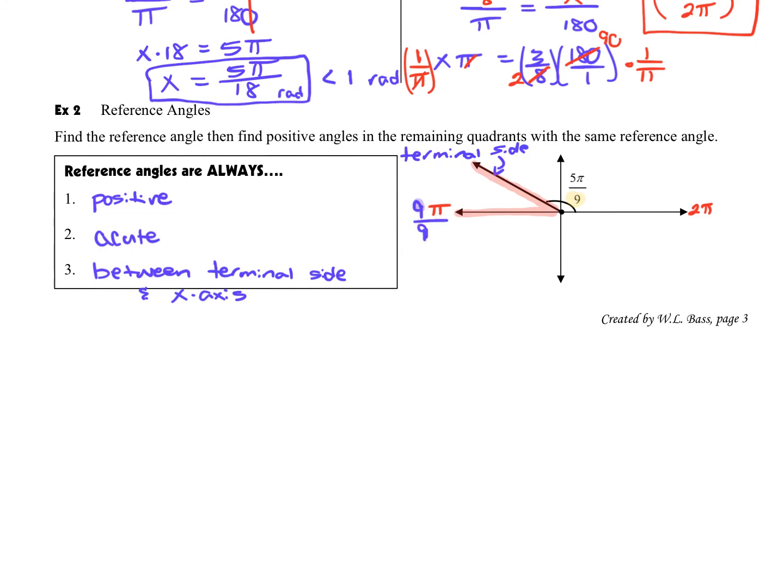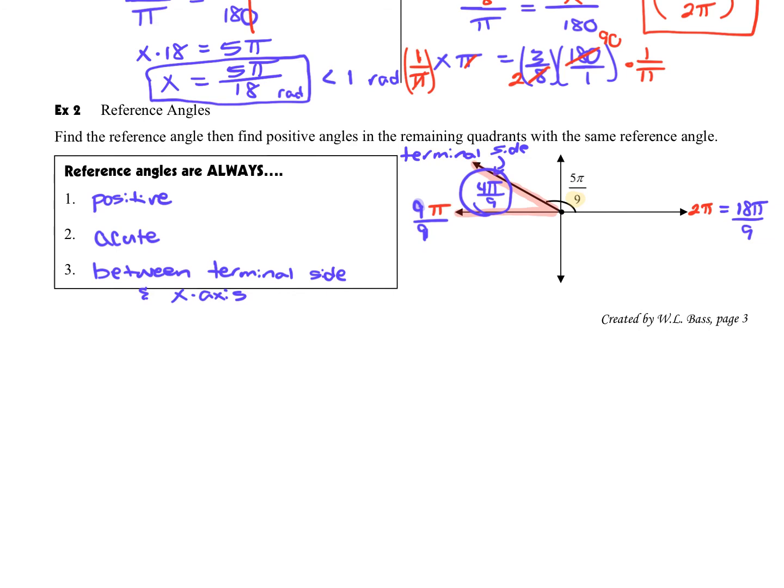Over here on this other side, I'm going to convert this to 18 pi over 9. Now, that allows me to think in terms of my nice fractions. So if I rotated halfway around, I would go 9 pi over 9. But instead, I've only gone 5 pi over 9. So this remaining amount right here is going to be the difference between these two. So my reference angle is going to become 4 pi over 9. That is the reference angle.